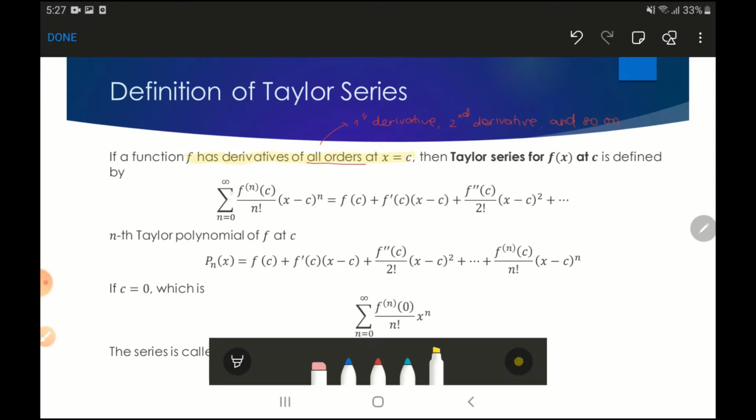It's the infinite series of f^(n)(c), the nth order derivative. So if n is 2, it means the second derivative, and if it is 3, then the third derivative of the function f. We plug the value of c into the derivative of f and divide by n factorial, times (x minus c) to the power of n.